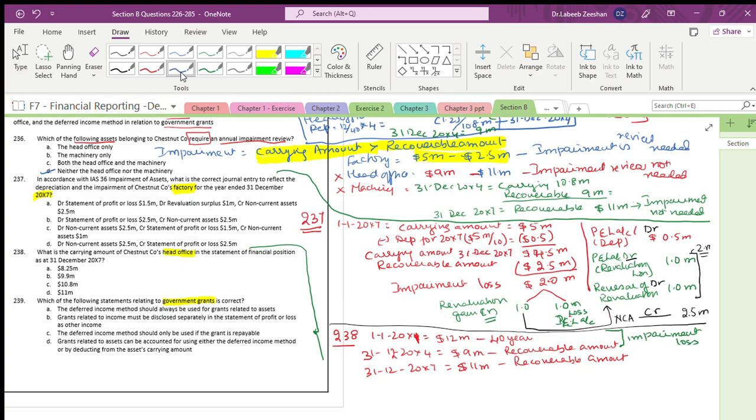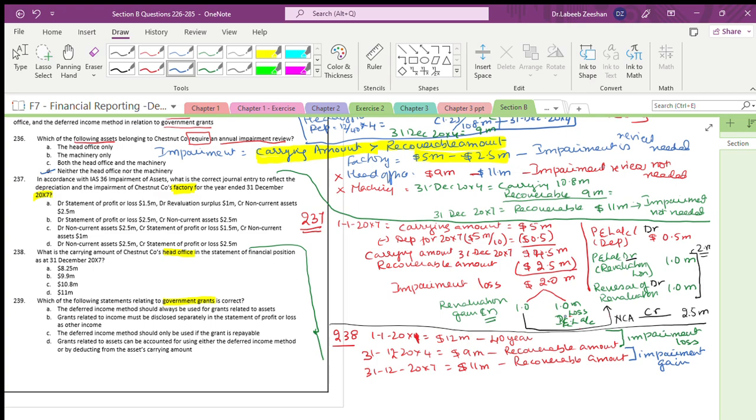Here there is an impairment, and from here to here it is an impairment gain.